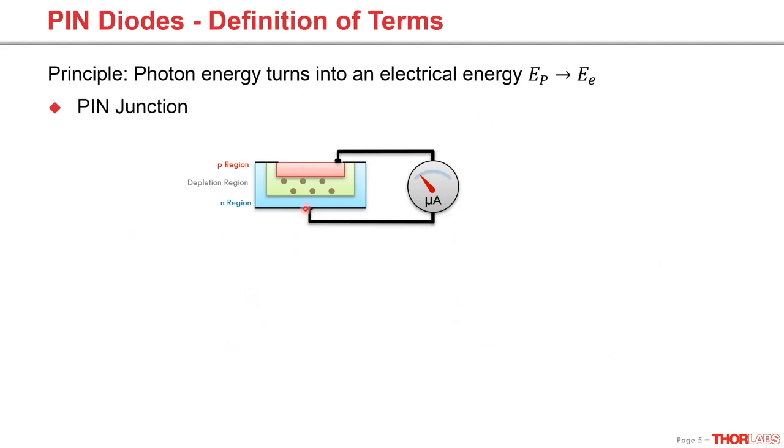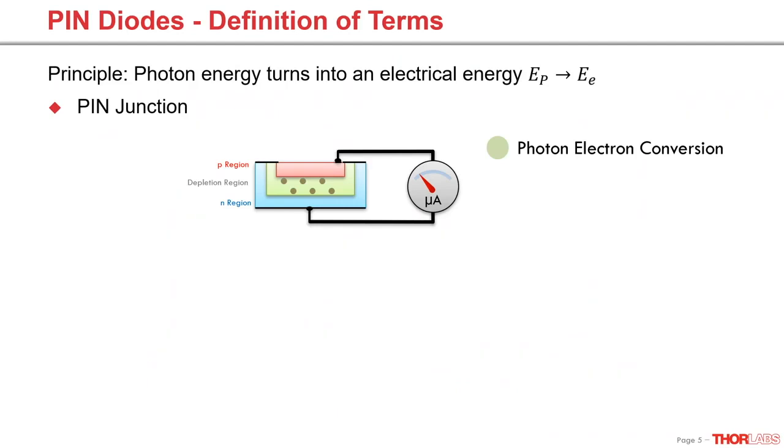That means you have a p-doped region and an n-doped region with an intrinsic weakly doped intermediate layer, the so-called depletion zone. When photons now hit this layer, electrons and holes are excited and directed to the corresponding zones.